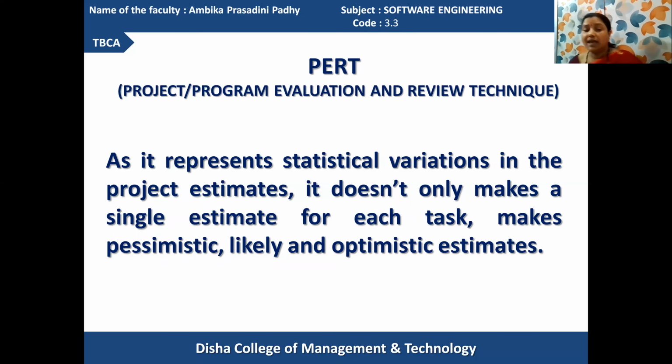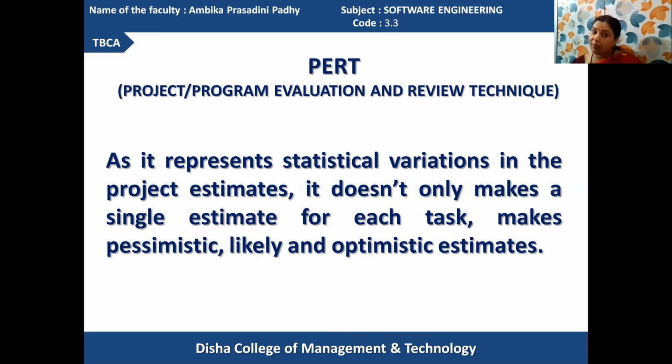And a single estimation may be an unspecified estimate. So you can go for making pessimistic, likely, or optimistic estimates. For the optimistic estimate, the job may be over before the supposed time required. So you can consider it as the optimistic time requirement.